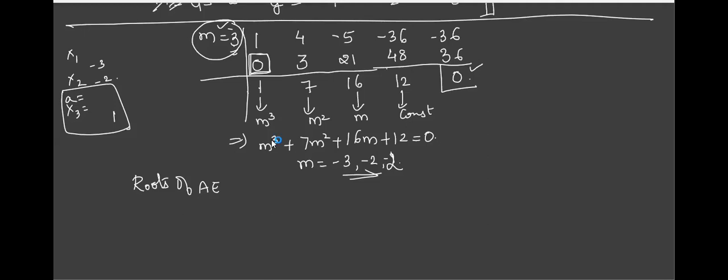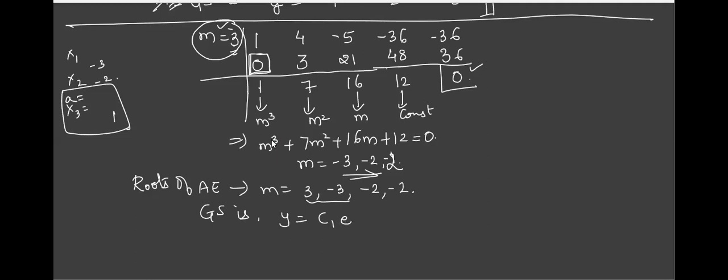Now whenever the order is higher, like if the order is 4, better you write the roots of the auxiliary equation, m equal to 3, minus 3, minus 2 and minus 2. Now, can you tell me what is the complementary function or general solution? All are real.